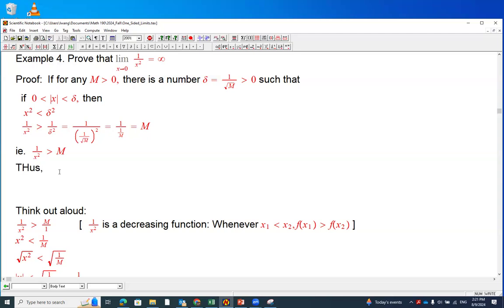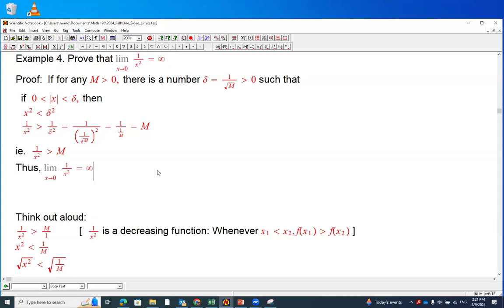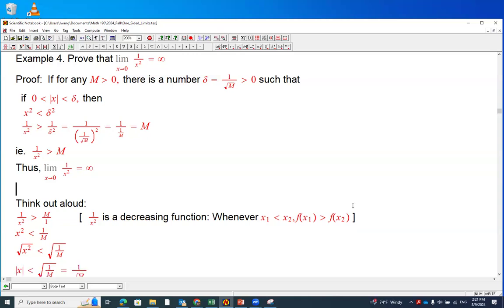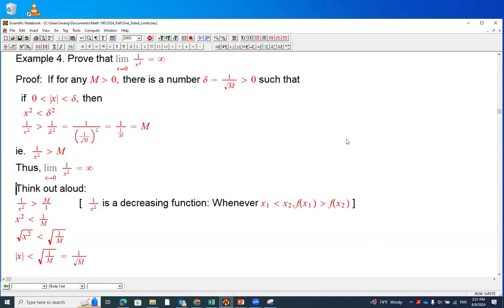Thus, we have proved that this limit is positive infinity. So we have scratch paper to work with, and the proof part is this much.